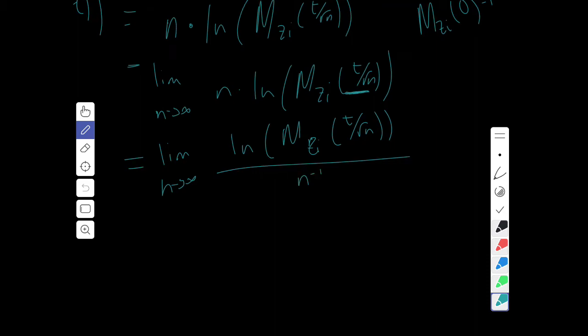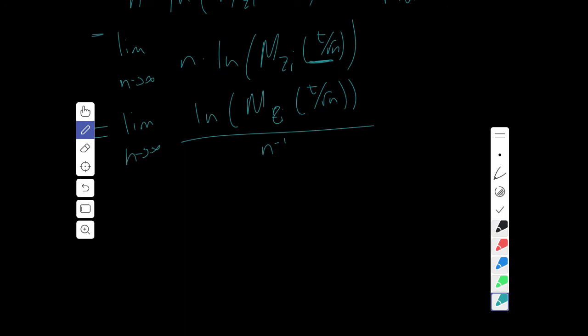So now, as n goes to infinity, the argument of the moment generating function goes to 0, the moment generating function at 0 goes to 1, and the natural log of 1 is 0, so we've got 0 on the top. As n goes to infinity, 1 over n goes to 0. So we have 0 over 0, and now we can do L'Hopital's rule, but there's a little issue.